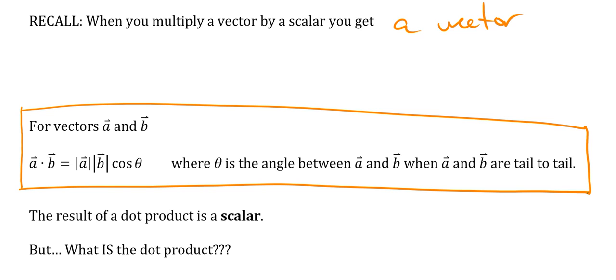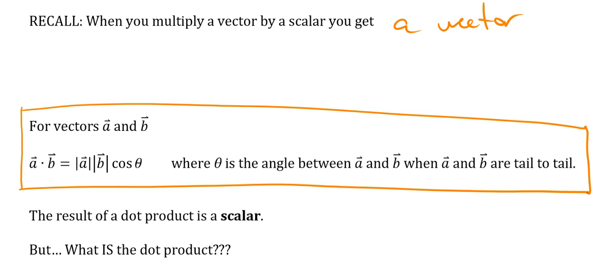So it doesn't mean two vectors have to be tail to tail. It's as if they were tail to tail, because you can always move a vector around, right? You can't rotate it or change its size or anything, but if you move where it starts, you'll obviously move where it ends and you're not changing the vector. So this is important. The result of a dot product is a scalar.